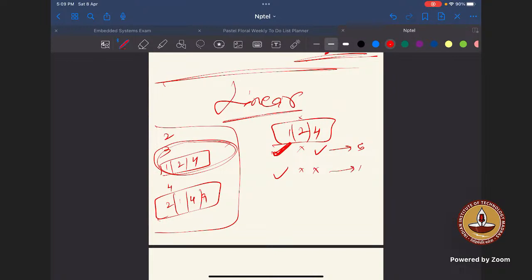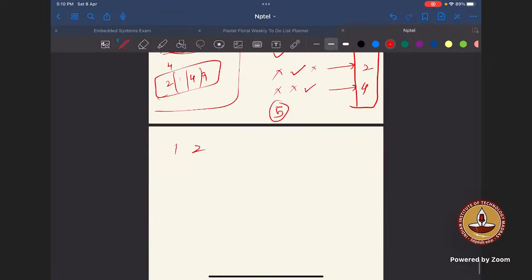Let's say if I don't pick 1, I can pick 2. And because I have picked 2, I cannot pick 4 because it is adjacent to 2. So the answer will be 2. If I don't pick 1, if I choose not to pick 2, and if I choose to pick 4, the answer is 4. And as you can see, the maximum of all these numbers is 5.